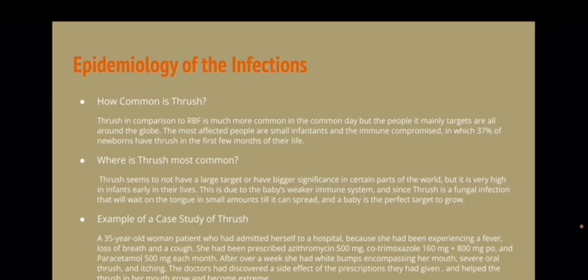After over a week, she had white bumps encompassing her mouth, severe oral thrush, and itching. The doctors discovered a side effect of the prescriptions they had been giving, due to the fungal infection, in how they were reacting in her mouth, causing the thrush to accelerate. After the prescriptions were diminished and a few days in the hospital, she was discharged and made a recovery.